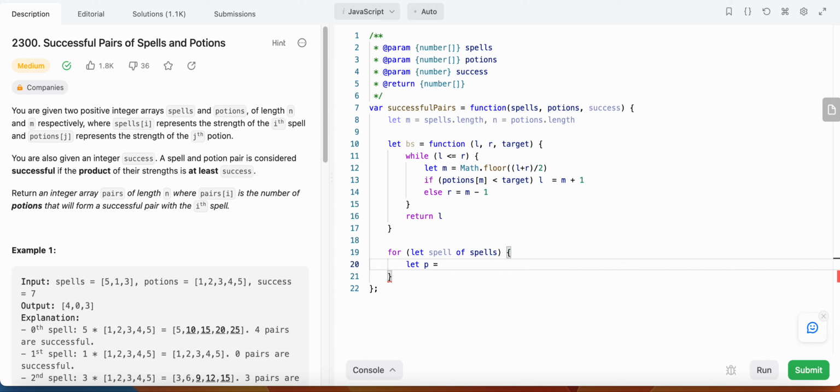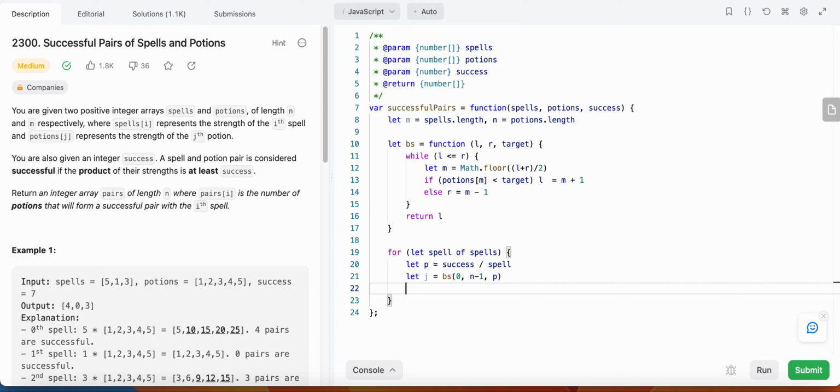Let's denote it by p, and that would be equal to success divided by the spell. And now j would be the index returned from our binary search. We'll call our binary search with n-1, that is the size of portions, comma the target, which is the value of p.